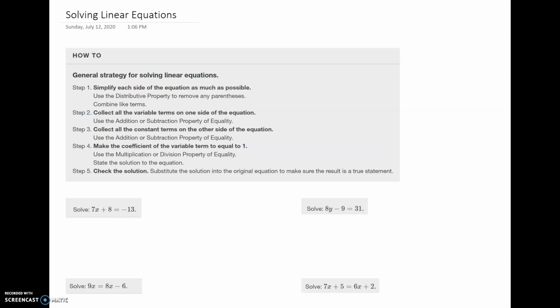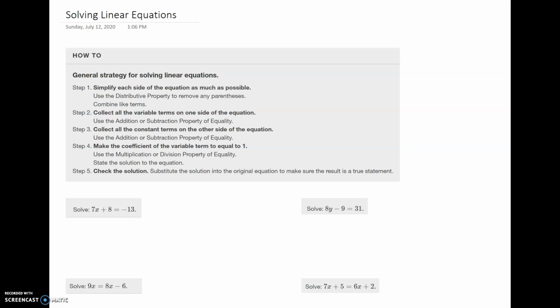We've spent a lot of time talking about skills and working our way in order to get to this point. So I have a little how-to, a step-by-step procedure on some general strategies for solving linear equations, but there are just so many linear equations. These are just general guidelines.